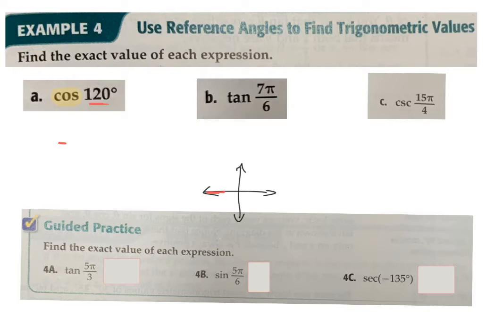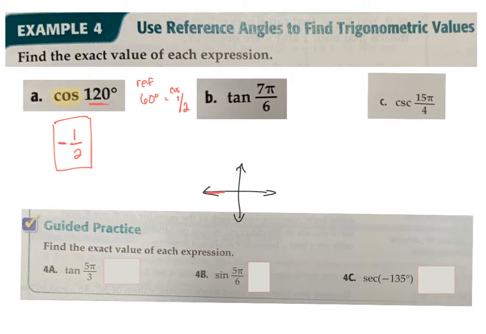So what is my reference angle for my 120 degrees? It's 60 degrees. That means they will have the same cosine, except this guy will be negative. So what is the cosine of 60? Look at your chart on page 245. What is the cosine of 60? All right, the cosine of 60 is 1/2. So the cosine of 120 is going to be negative 1/2.